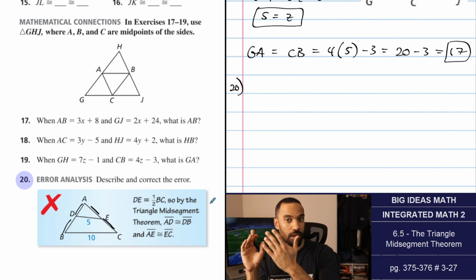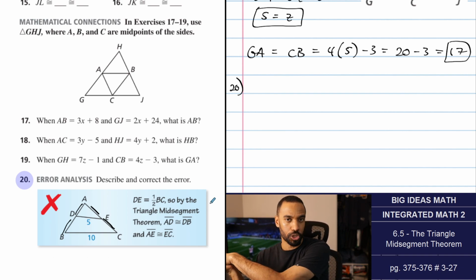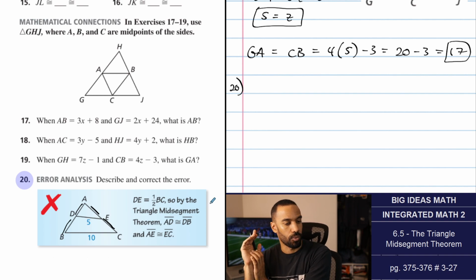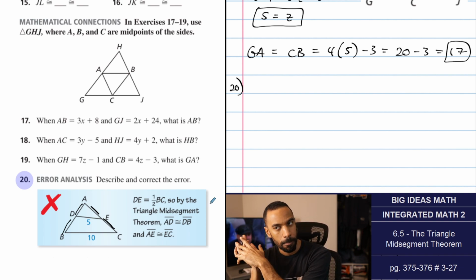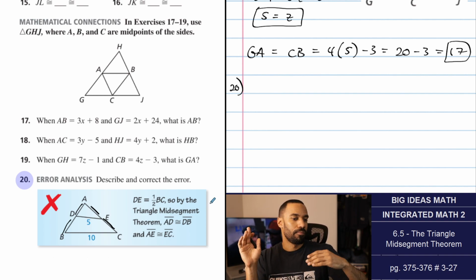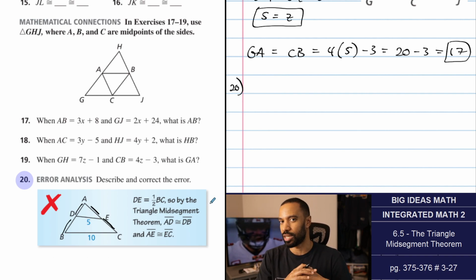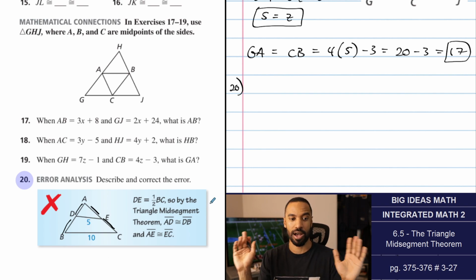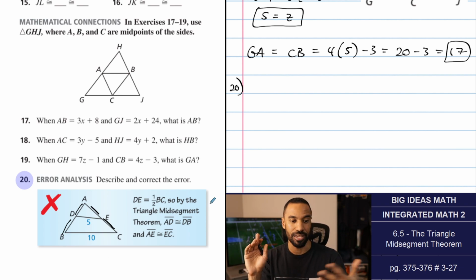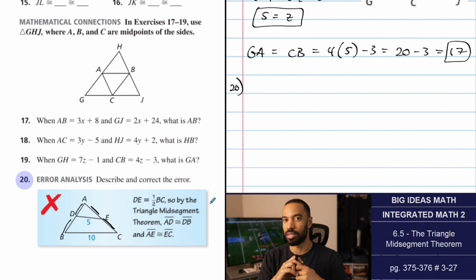If DE was a mid-segment, for sure, then that would actually be true, that you would have those congruent marks. But the drawing is trying to give you a hint and indicate something for you. It's very possible that DE is half of BC. It's very possible to have something half that, but not be the mid-segment.